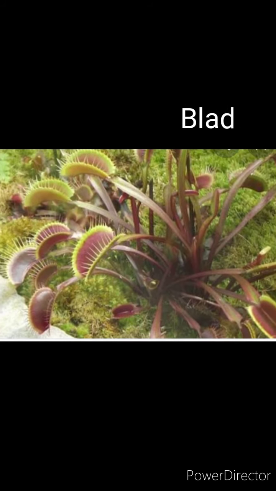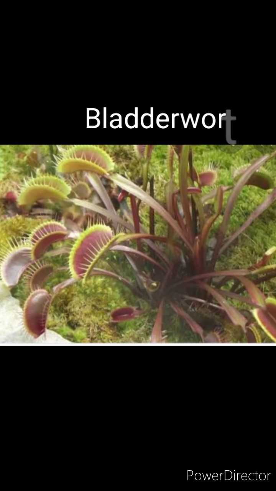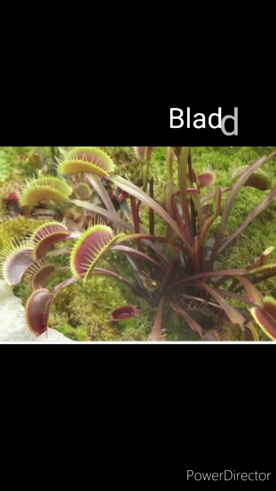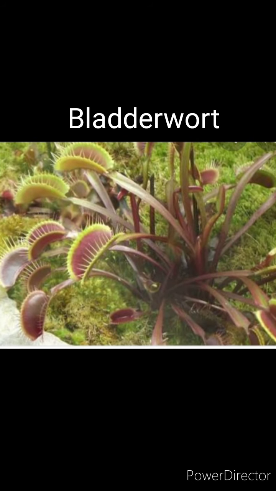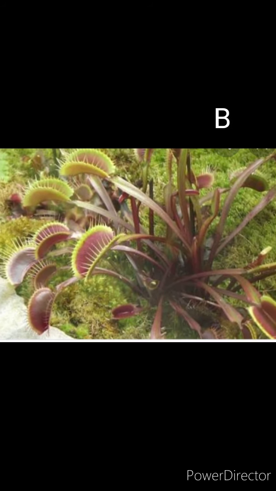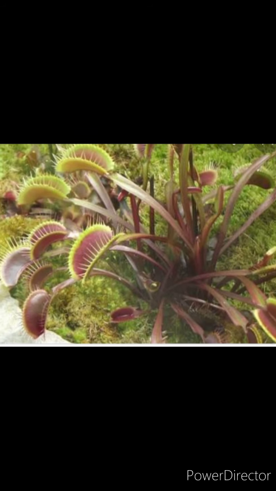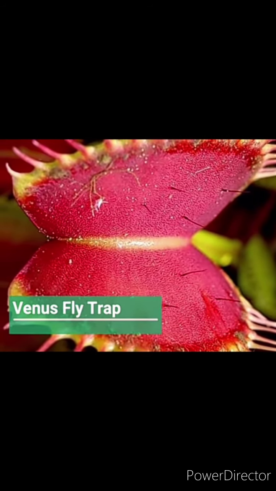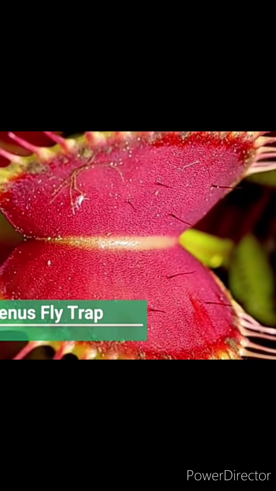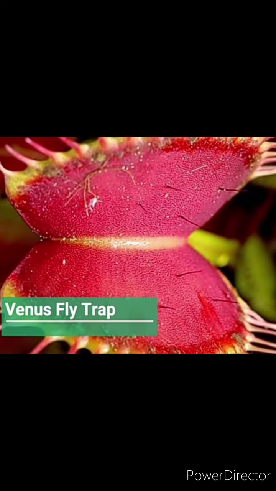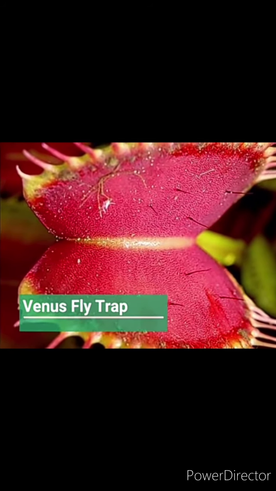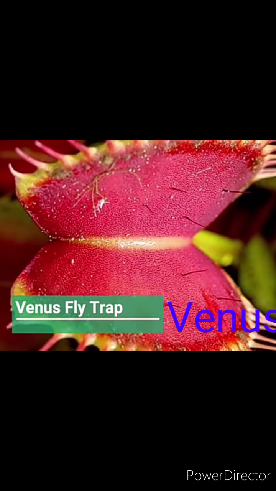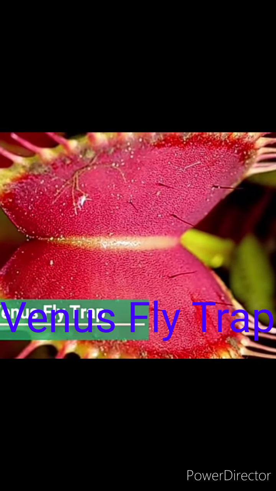And the third one which we are studying is the Venus flytrap. So this is the picture of Venus flytrap. They are mostly found in South Carolina, which is in the United States. Their leaves are divided into two main parts and they spread a sweet smell which attracts the insect towards itself. Both sides of the leaves have a sensitive hair-like structure which you are seeing in this picture, the small thin areas.